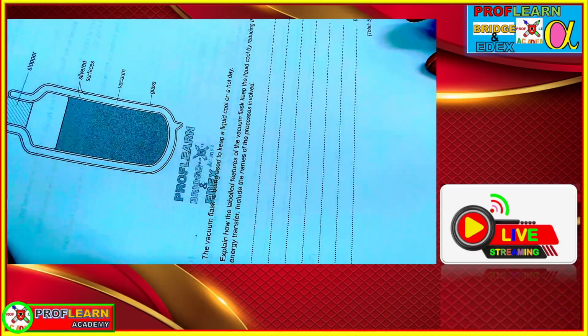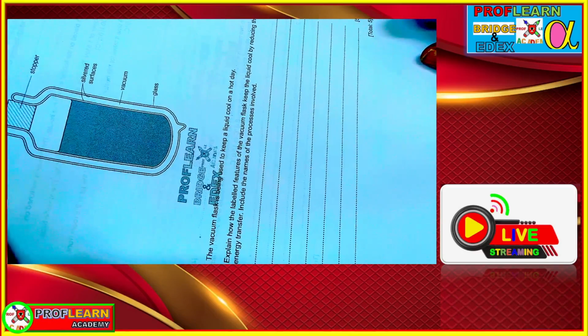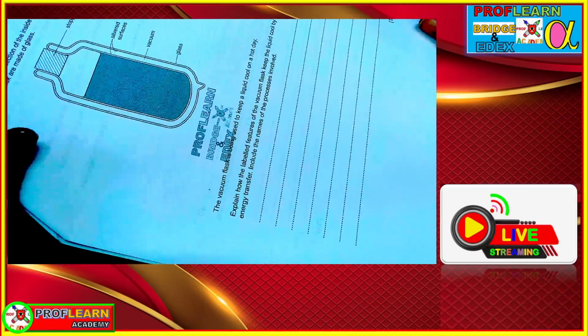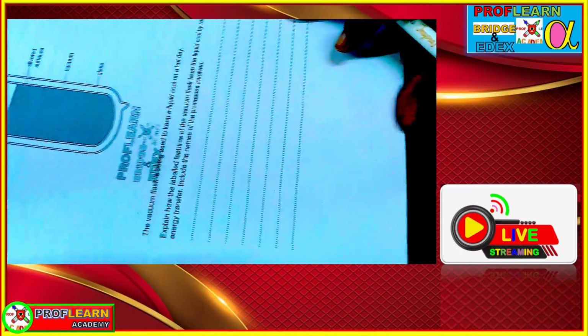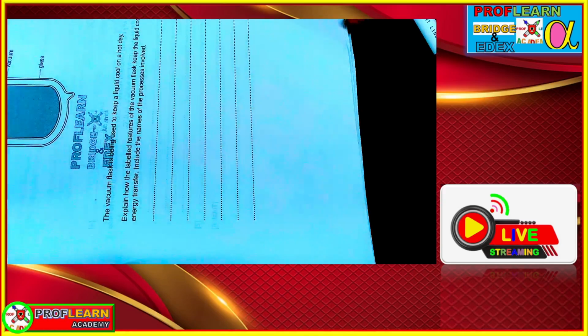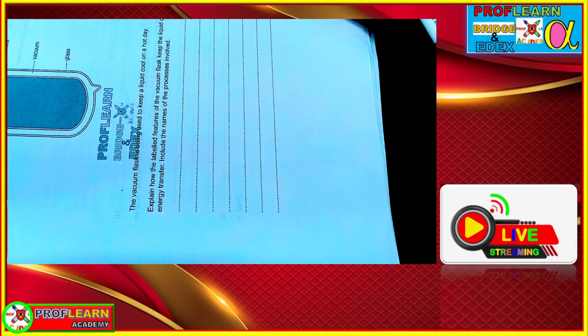The diagram shows a cross-section inside a vacuum flask containing a cold liquid. The vacuum flask is being used to keep the liquid cool on a hot day. Explain how the labeled features of the vacuum flask keep the liquid cool by reducing thermal energy transfer. Include the names of these processes.